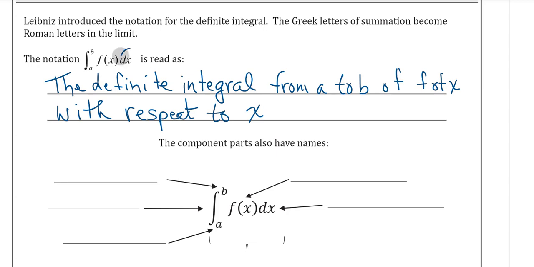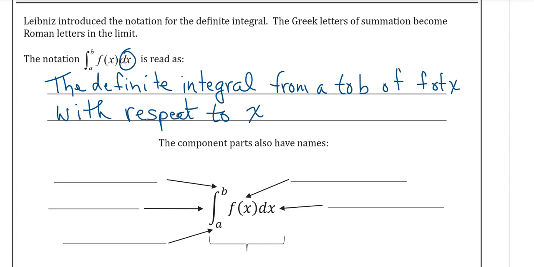And we need that part. That's where the dx comes in. That tells us what our independent variable is, our variable of integration. I think I've mentioned this previously, that we're going to see functions where we have more than one variable, so it's important to know what variable we're integrating.